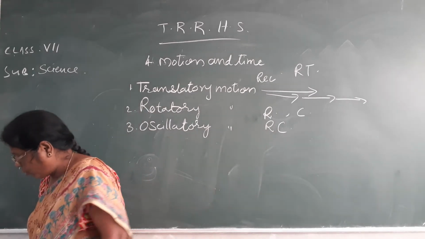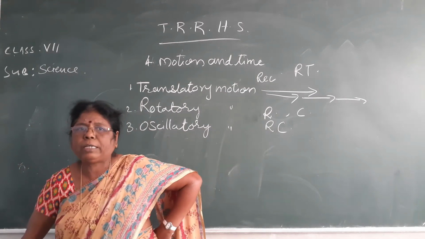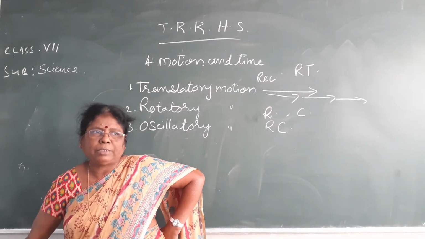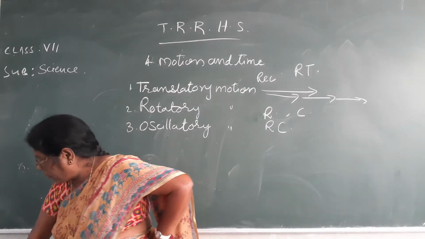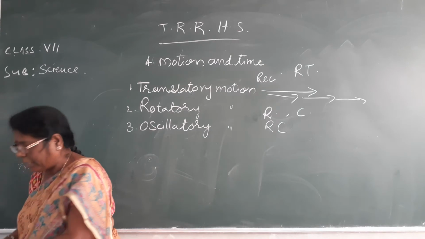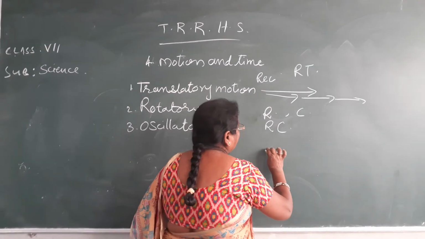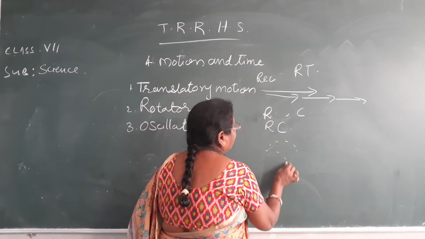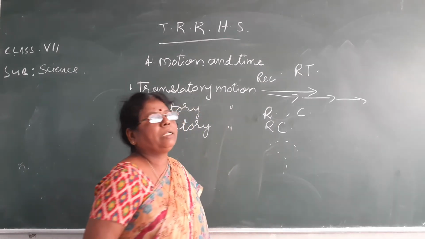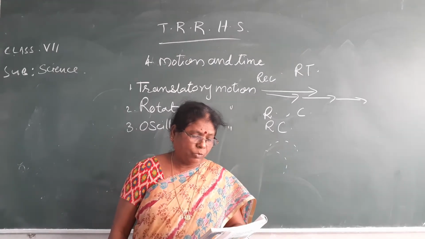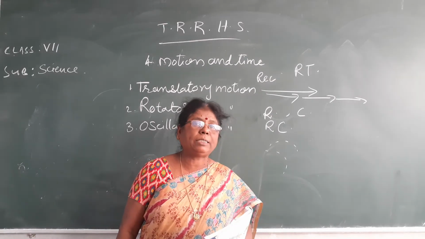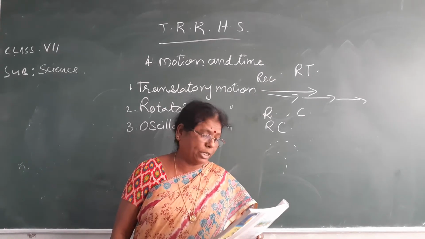The second hand of a clock: is it rectilinear or curvilinear motion? It moves in a curvilinear motion. Movement of a train on a track, rectilinear motion.